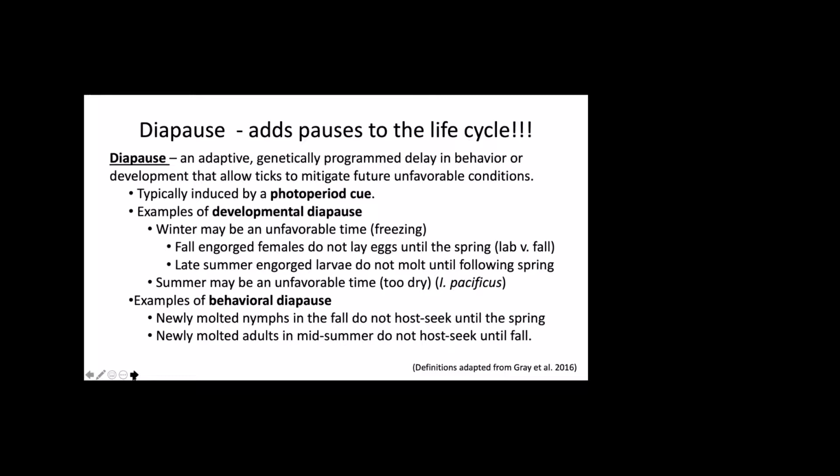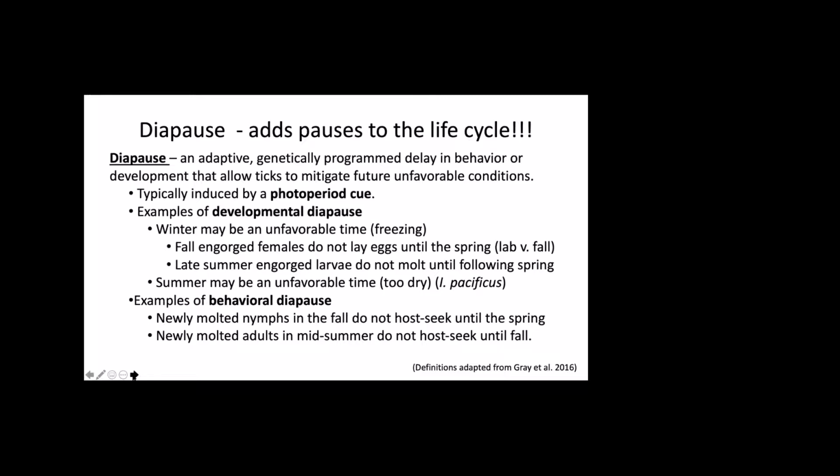So examples of developmental diapause. Winter might be an unfavorable time, cold and freezing and all that. So, out in Iowa, just like here, your females that are out in the fall, they will engorge, and if you bring them to the lab, you can get them to lay their eggs. All right.